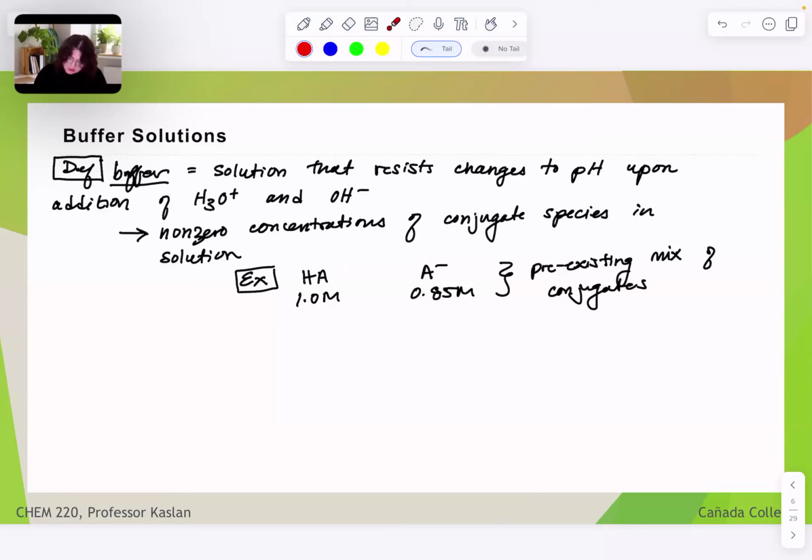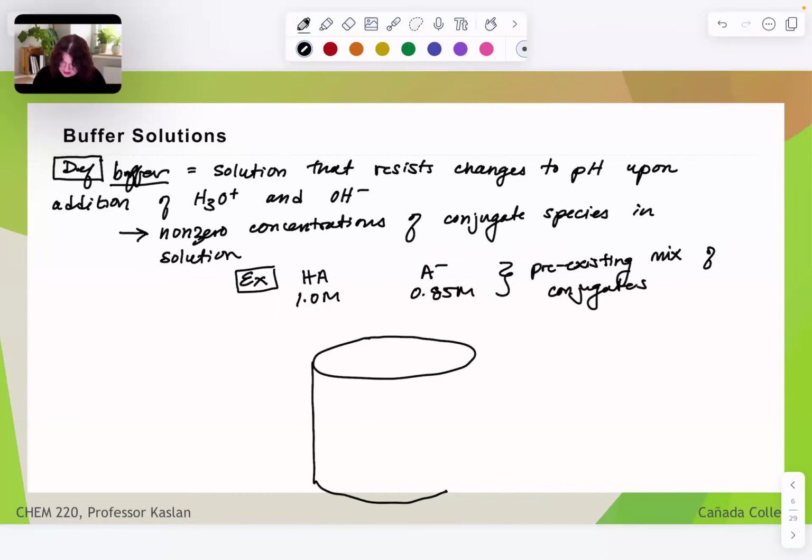So how does this work? Fundamentally, buffered solutions, meaning solutions that have conjugates present in non-zero relative concentrations, are acting on Le Chatelier's principle.